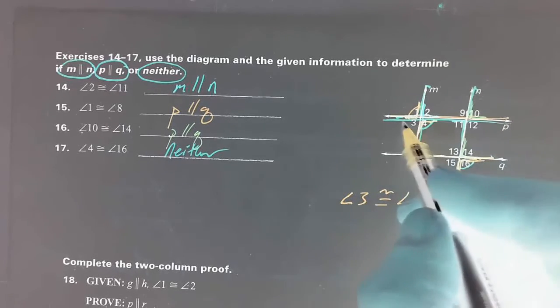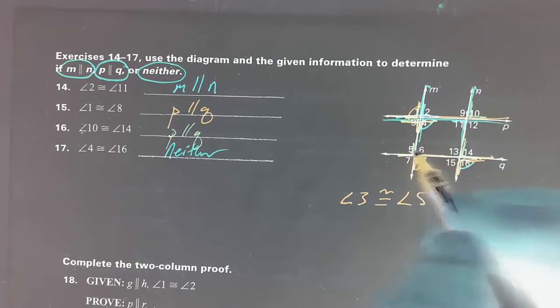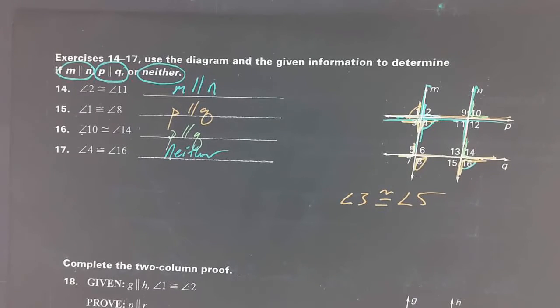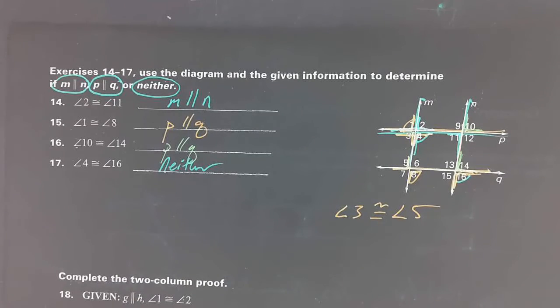They're consecutive interiors. Do we have a theorem that says if the consecutive interior angles are congruent, the lines are parallel? I mean, technically speaking, they could both be 90, but you don't know that. So the theorem says they have to be supplementary. If I tell you they're congruent, doesn't mean they're parallel. You'd have to say neither. That's a little tricky. You might see that on an assignment or quiz.